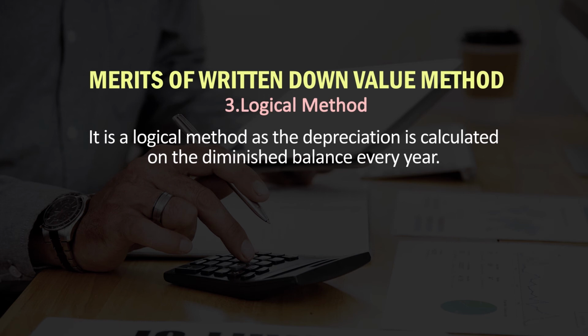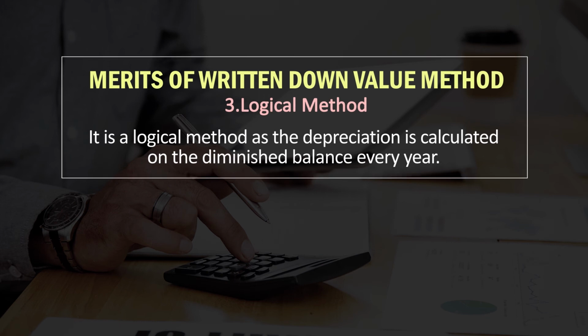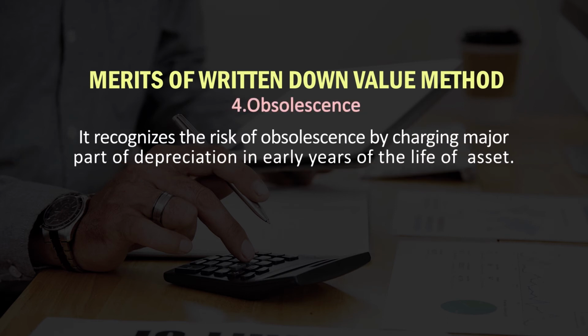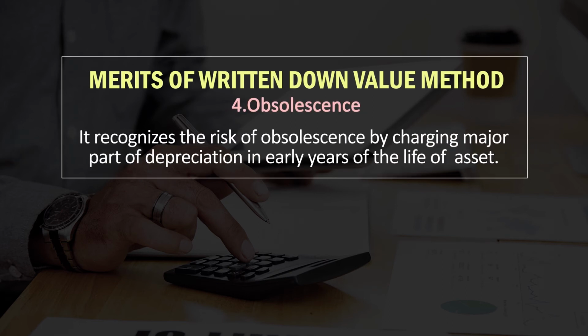Logical method: yes, this is quite logical, that the amount of depreciation calculated on the asset gets decreasing every year. Obsolescence: it recognizes the risk of obsolescence by charging the major part of depreciation in the earlier years, because in the initial years the amount of depreciation is comparatively more as compared to the later years.